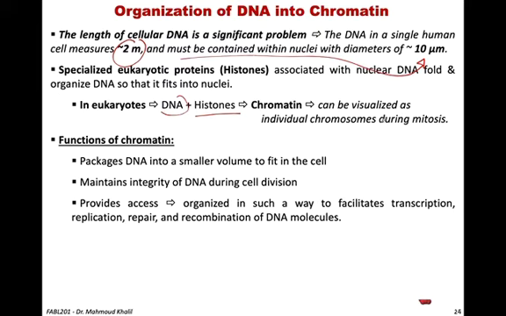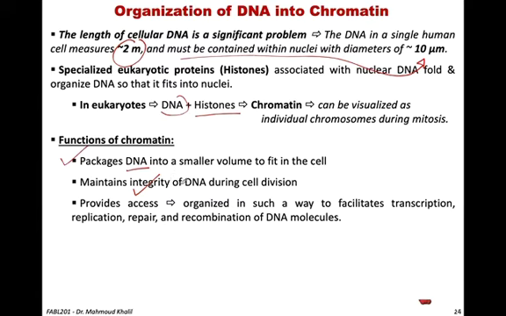So basically, what are the functions of the chromatin? Actually, chromatin is very important for packaging the DNA to fit into a smaller volume inside the nucleus. As well, it maintains the integrity of DNA, because DNA by itself is a molecule that can be torn in the process of mitosis.